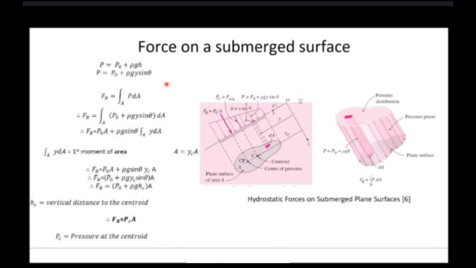Now let's see how we can calculate the force exerted on a submerged surface. So pressure equals rho g h. On this diagram here, we have a submerged surface, this flat surface here, submerged in this pink fluid.